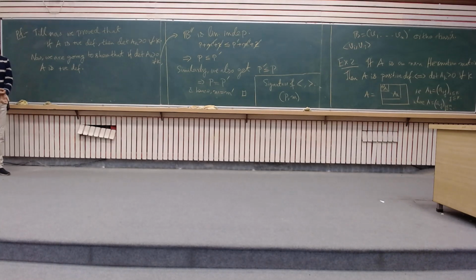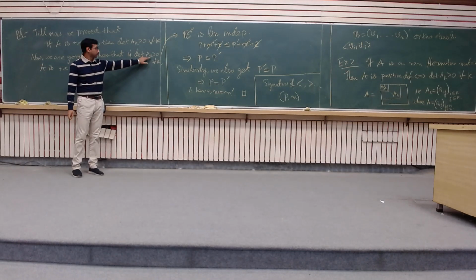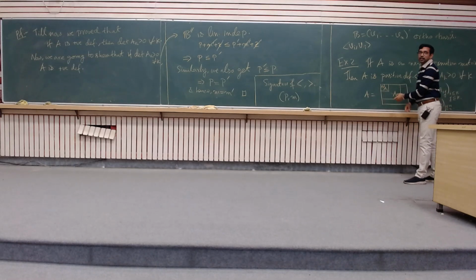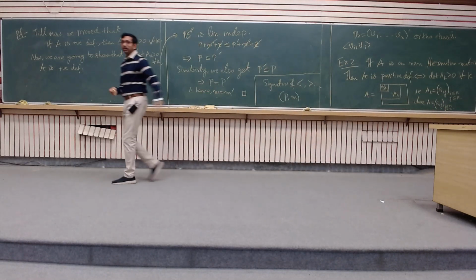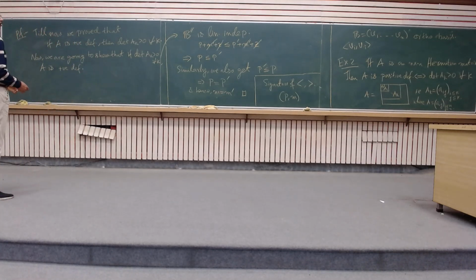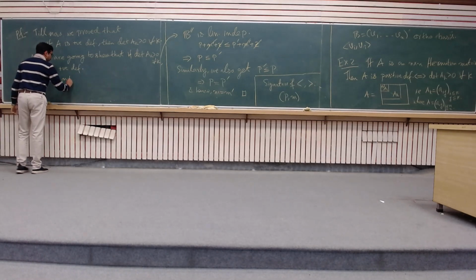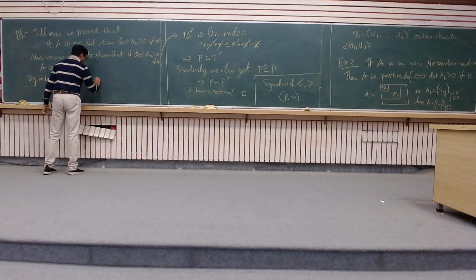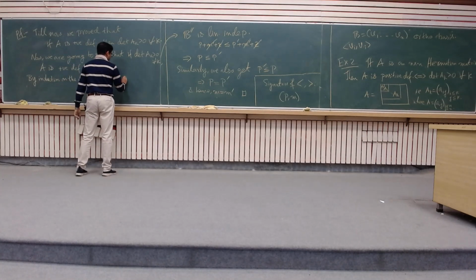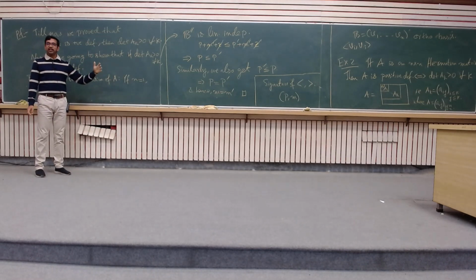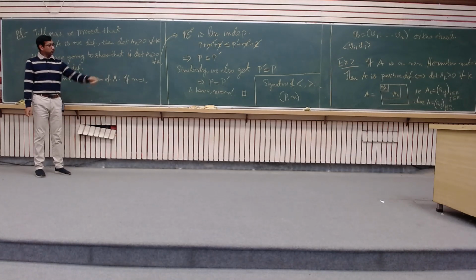Well, we proceed by induction on the dimension of A. So if n is equal to 1, the claim is trivial because we are asking that x star Ax is positive, right?